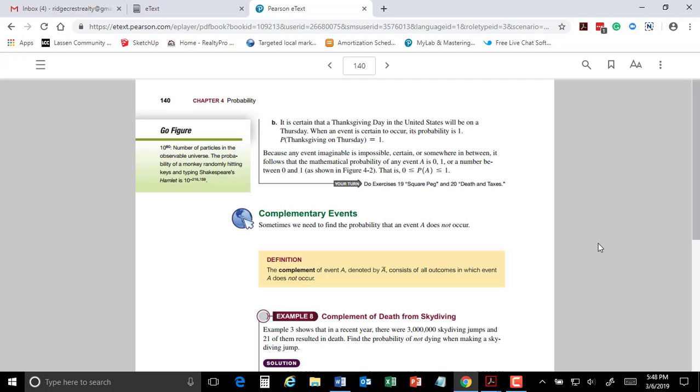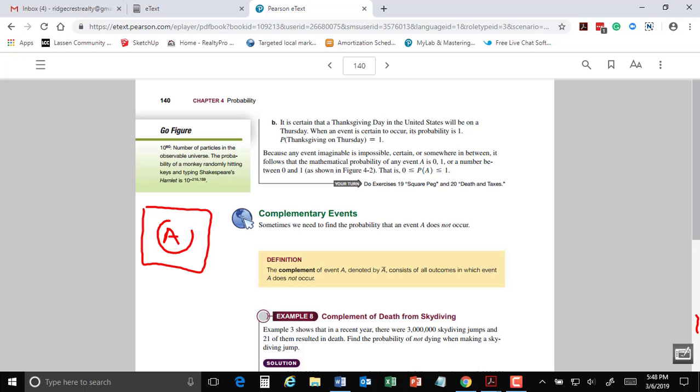Okay. And we went over if you have an event A, everything that's not A is A not. So if you take the probability of A occurring plus the probability of A not occurring, I hope you can see that's 100% because I've taken up the whole area.